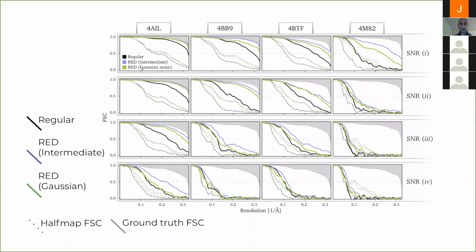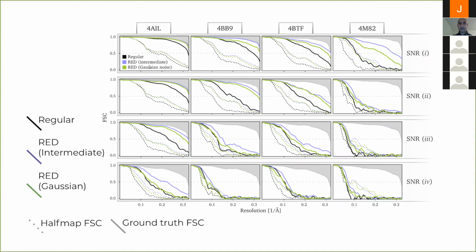And you can see if you train a denoiser using only Gaussian noise, so if you take your ground truth and you apply Gaussian noise to it, and you train your denoiser to go from that Gaussian noise distorted image to your ground truth, and you plug that into your reconstruction, we get the green curve here.